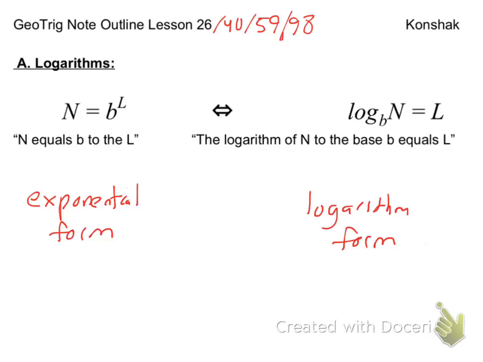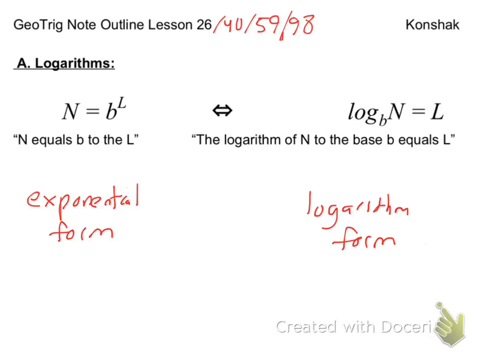So if I was going to switch out a log, I'd say b to the L power is equal to n. Or from over here, I'm going to take the log base b of n, and that will equal L.